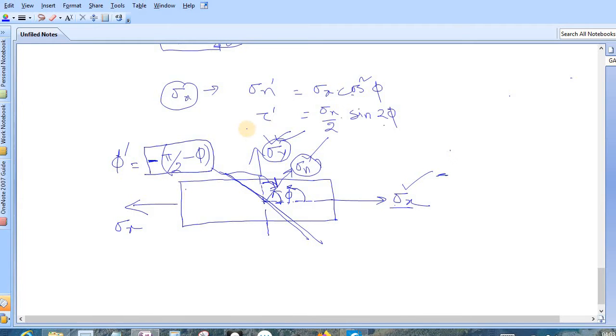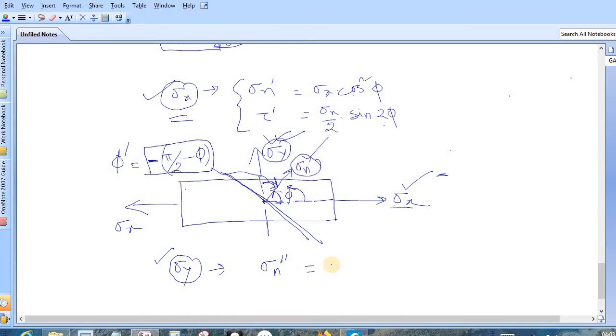So if you have to calculate normal stress and shear stress for sigma y, you have calculated for sigma x, now calculate for sigma y. Simply put phi dashed instead of phi. So let's define sigma n double dashed.